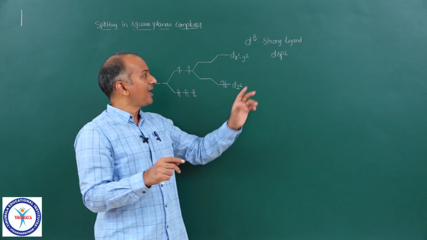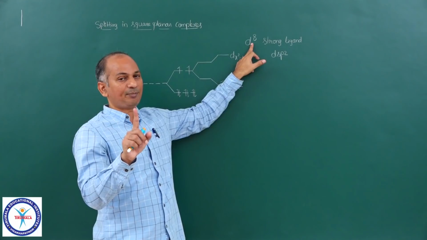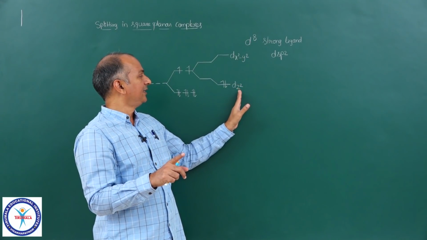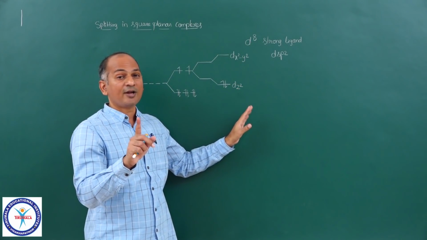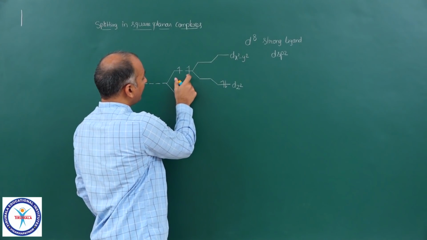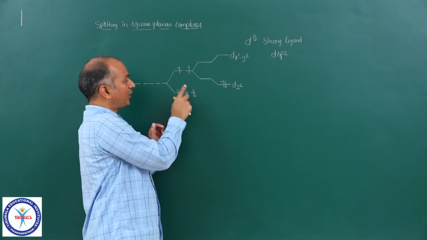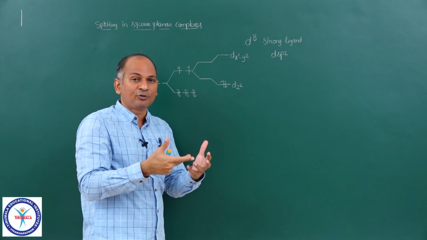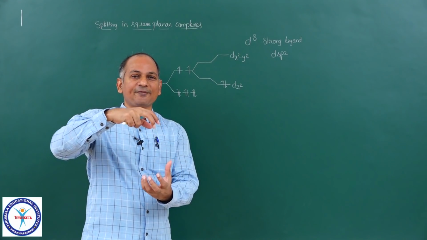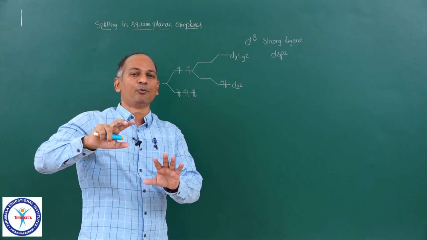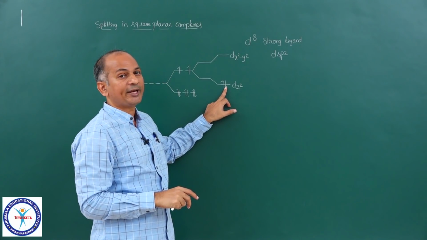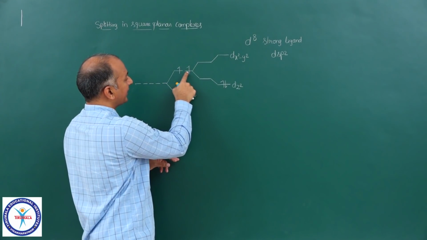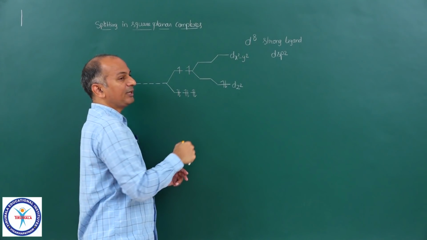In both cases, when the configuration is d8 particularly, this case is preferred. And if it is octahedral, the 2 electrons are here. But if it is converted into square planar, that means the ligands along the z-axis are completely removed, now this is the new arrangement. Now definitely the complex is gaining stability.